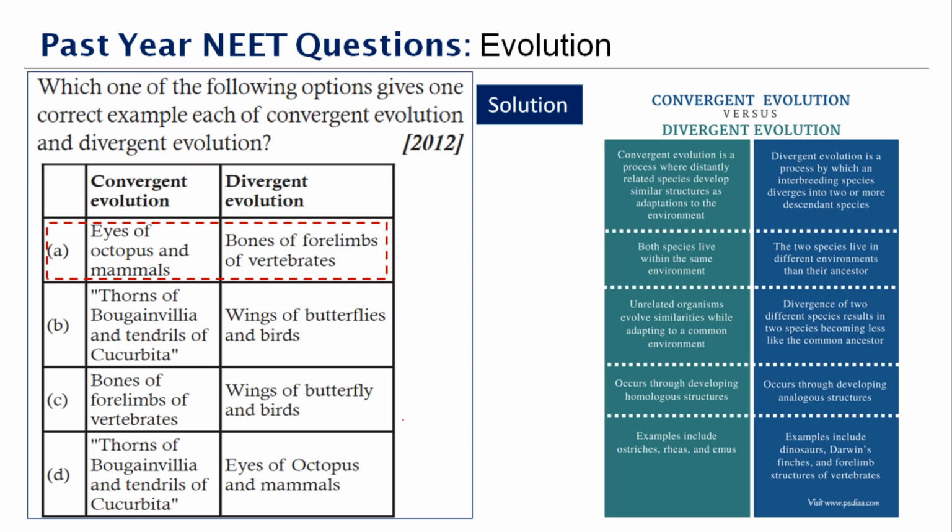Convergent occurs through developing analogous structures, while divergent involves homologous structures. Examples for convergent they have given as ostriches, rheas and emus, while for divergent you have dinosaurs, Darwin's finches, etc. Okay, now you understand the difference between convergent and divergent evolution. Therefore, the right answer to this question is option A.